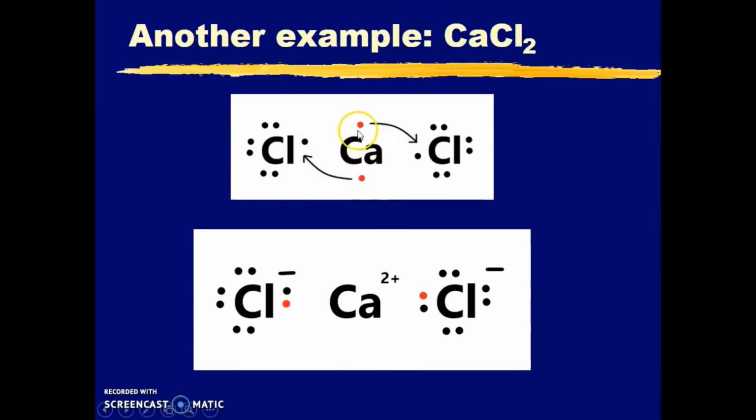It now has that next inner energy level full, and both of the chlorines now have their outer energy level full. We would draw each chlorine with a negative because they each only gained 1, but the calcium gets a 2+ because it lost 2, so it now has a positive 2 charge. Okay, so that's how you would draw your Lewis dot diagrams. You'd have to show where those electrons came from and where they went.